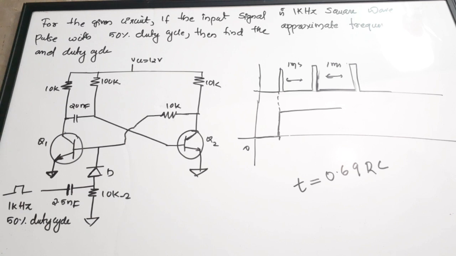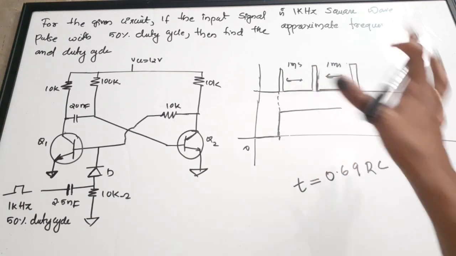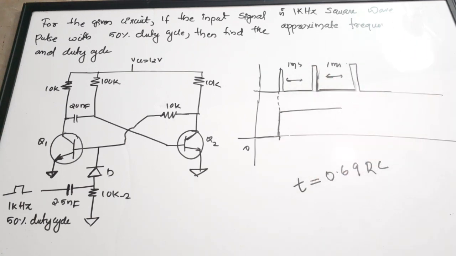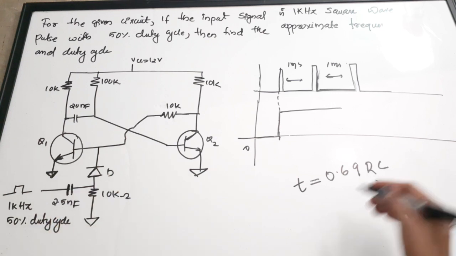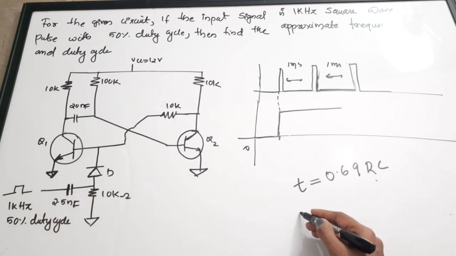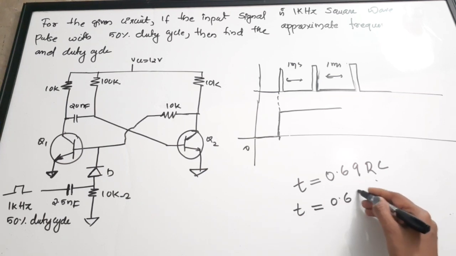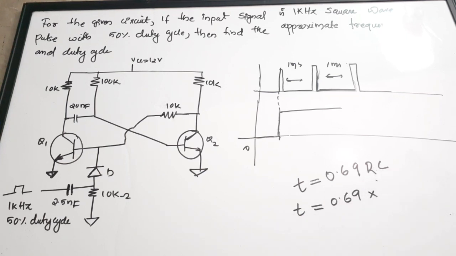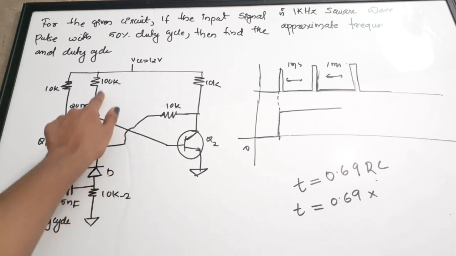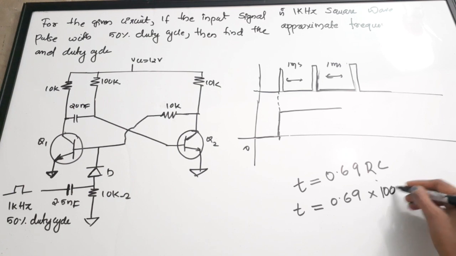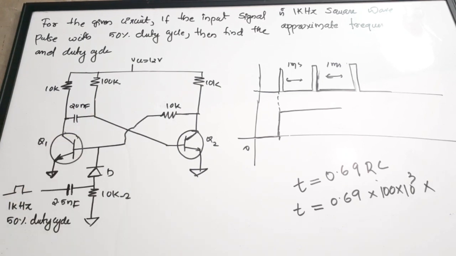It is not given in the statement, but from the figure you can find R and C, so you'll get T. I'm going to substitute the values for R and C. T is equal to 0.69 into R. R is the base resistance, which is 100K, 100 into 10 raised to 3. C is 20 nanofarads.